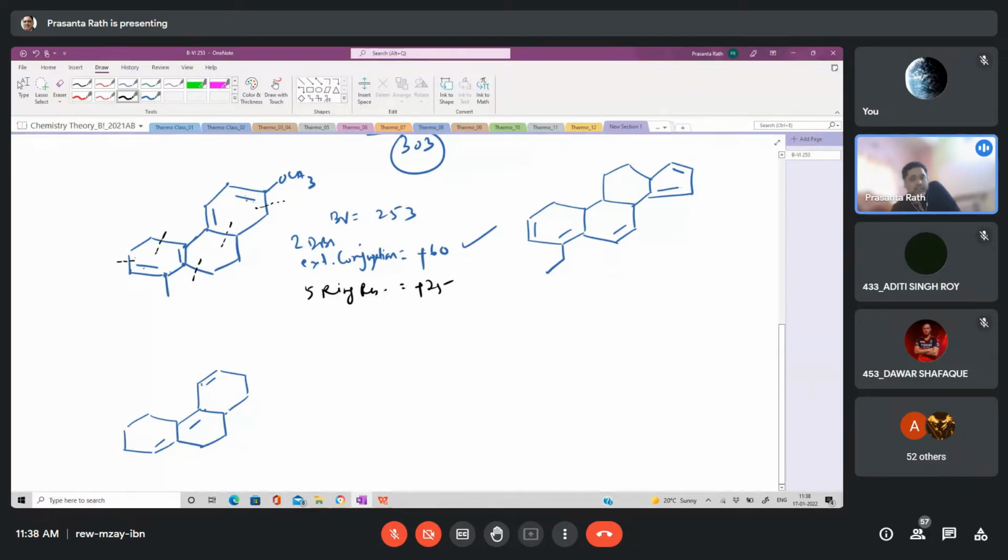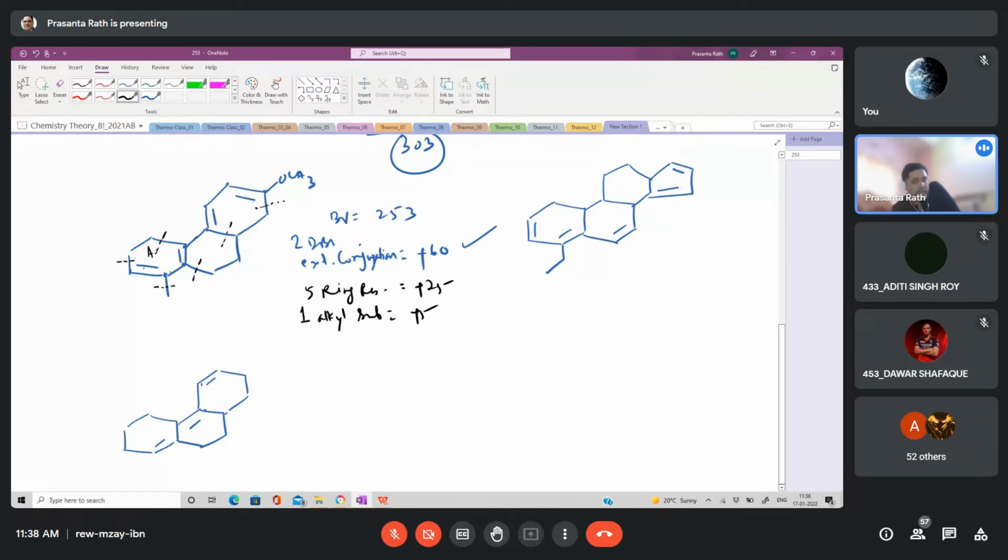And you see there is an alkyl substituent. This is the alkyl substituent. So one alkyl substituent, that is plus 5. And you can see exocyclic double bond. Is there any exocyclic double bond? This is not exocyclic. This is not exocyclic. What about this one?